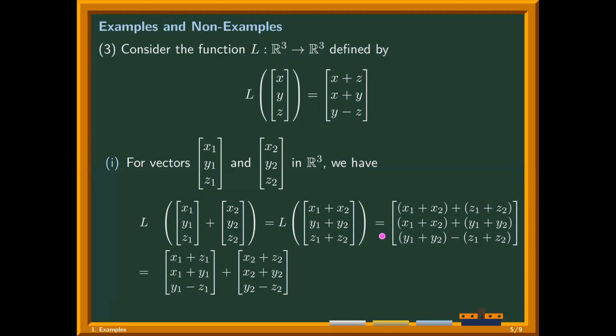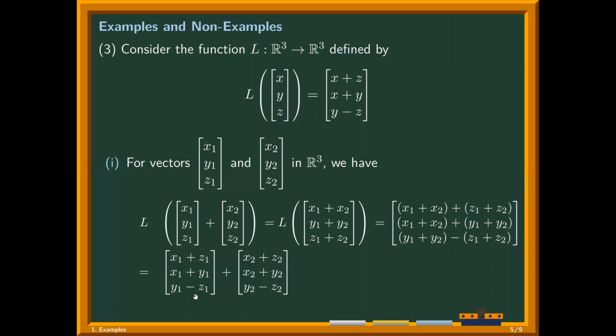So you can verify that this is the same as this sum. In the first term, we have all terms involving 1 as subscript. In the second, we have all terms with 2 as subscript.